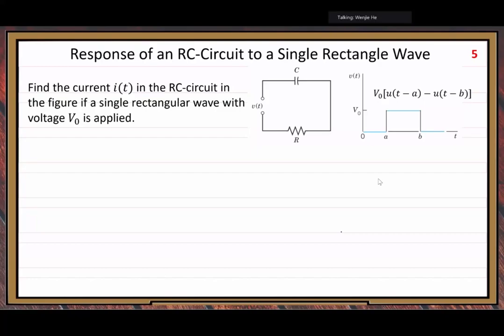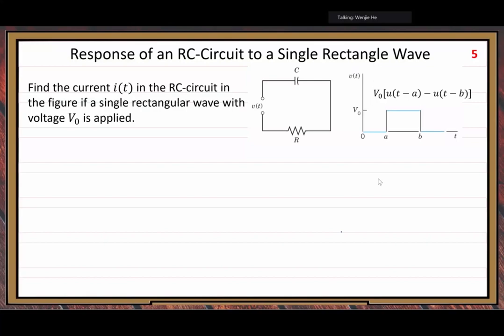V0 part is easy, right? The original function is 1. You multiply by capital V0. Let's just look at the part inside the brackets. Two terms, right? Using the similar way we did the analysis in the previous slide, two terms adding together.